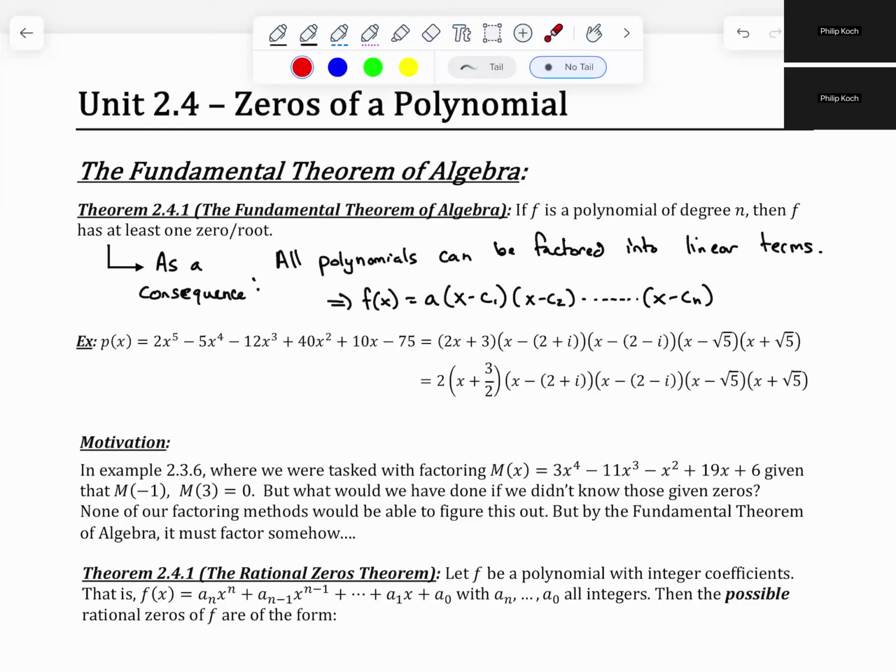And so, a fun little observation: it's x minus 2 plus i and then x minus 2 minus i. One of the cool things about this is if you have one complex zero, you automatically have its complex conjugate as a zero as well, which is really interesting. Real zeros can show up once, twice, or three times, and if 2 shows up, it's not guaranteed that negative 2 shows up.